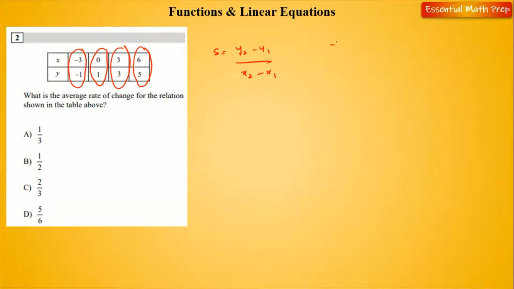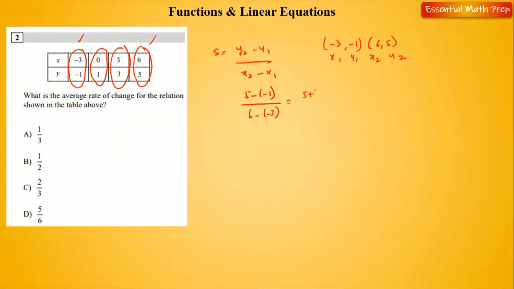Let me pick the two negative pair and then the two positive pairs, just to make life simple, right? So this is one pair and this is the second pair, okay? So x1, y1, x2, y2. So y2 minus y1 is 5 minus of minus 1 over x2 is 6 minus of minus 3.